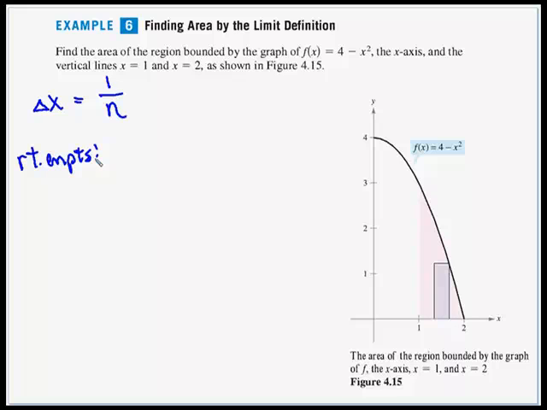Again, sometimes this is the hardest part to figure out. Because we're not starting right at the 0, our beginning is going to be at 1. So it's going to be our left endpoint, a, plus something times delta x, and that's just going to be i delta x.